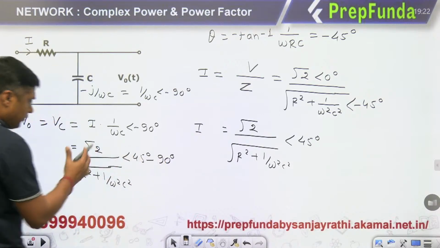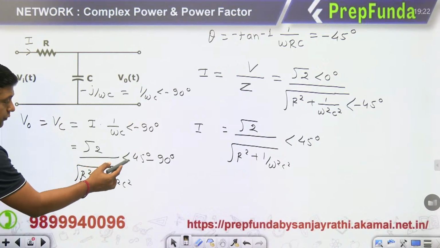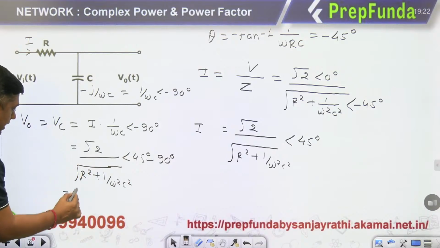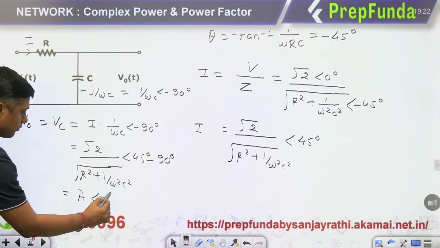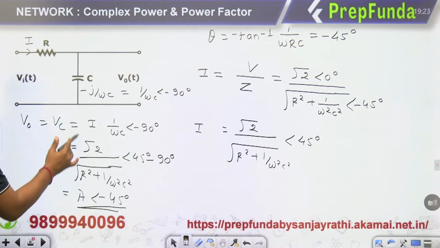So finally you can find the magnitude of that, or if you take the common, you will get the answer that I have already calculated, and this is 45 minus 90, that is something you are getting as the amplitude, but what is the angle? Minus 45 degree. This is the amplitude of the output voltage and that is the angle.